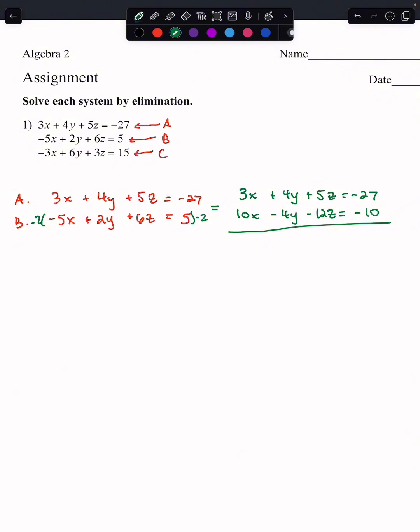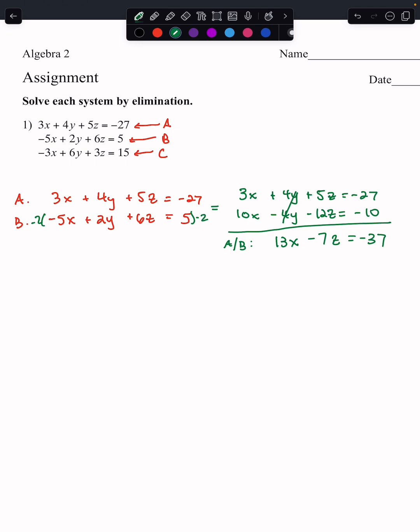And just like we would do on the 2x2, we're going to add straight down. And I like to label this A slash B. That tells me that this was a combination of lines A and B. So this is 13x minus 7z equals negative 37.